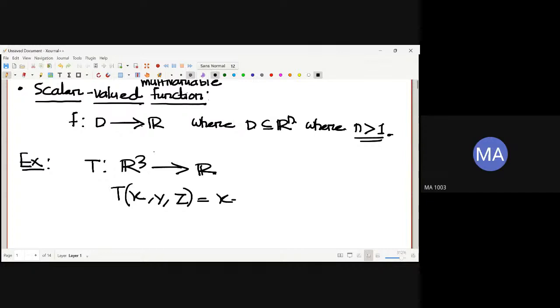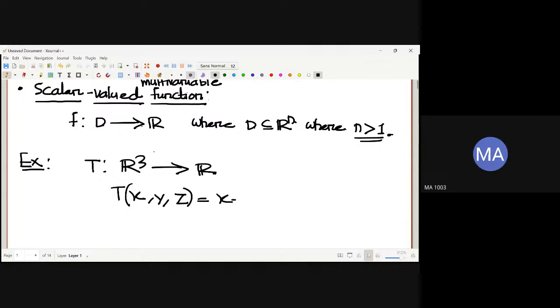This is a linear transformation from R3 to R, and as you can see, your n is greater than 1. There's nothing special about linear transformations. You can take any arbitrary map, say from R2 to R, where (x, y) goes to x squared minus y squared. This is also a scalar valued multivariable function.